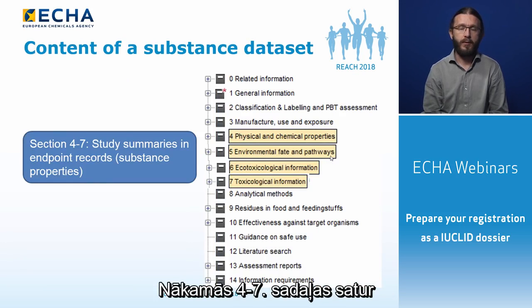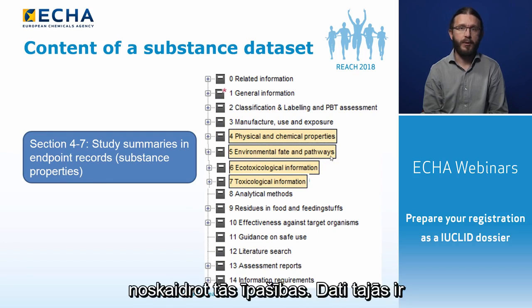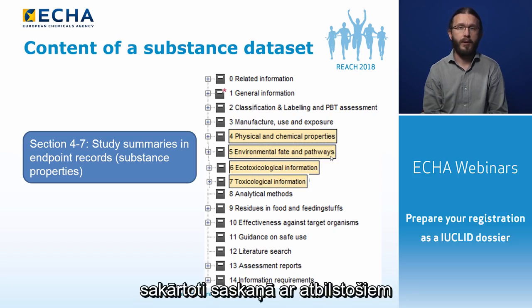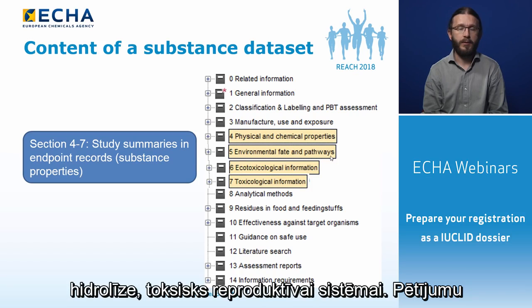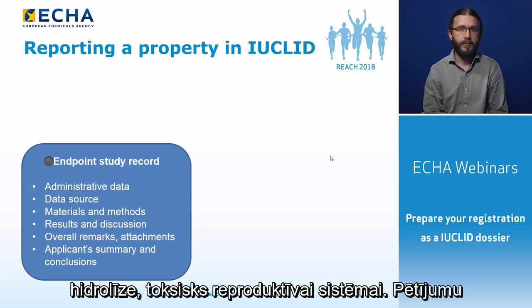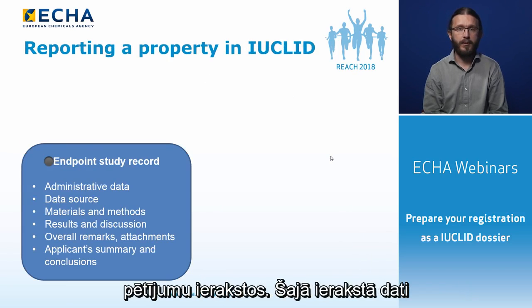The next sections, from 4 to 7, will contain the summaries of studies performed on the chemical in order to measure its properties. The data is organized there according to relevant endpoints, such as water solubility, hydrolysis, or genotoxicity. The study summaries are reported in endpoint study records.